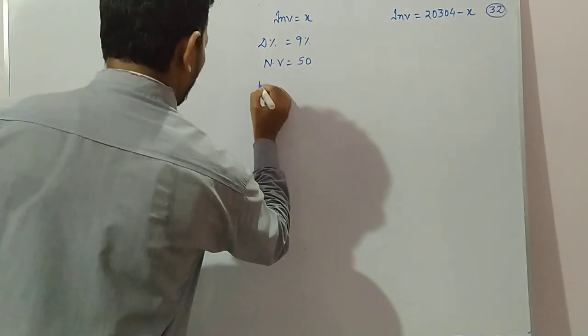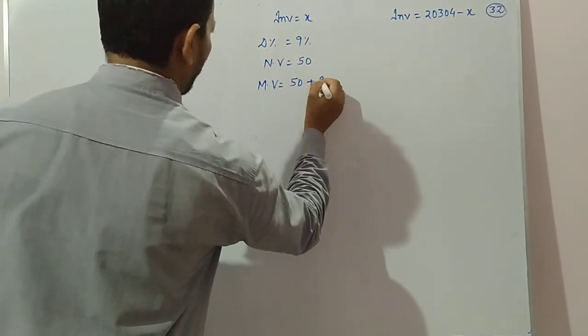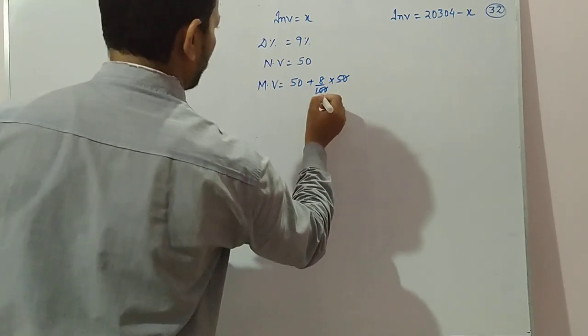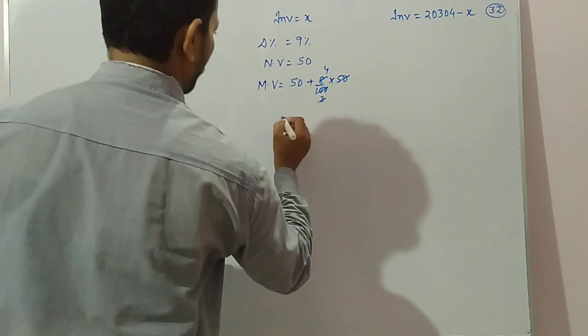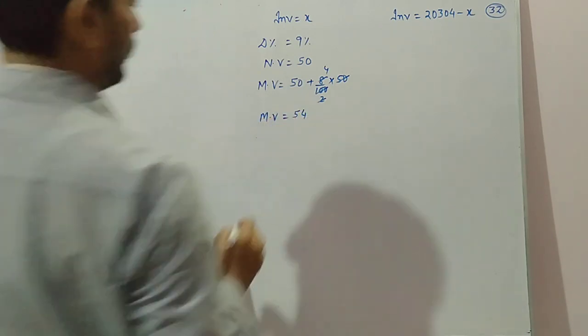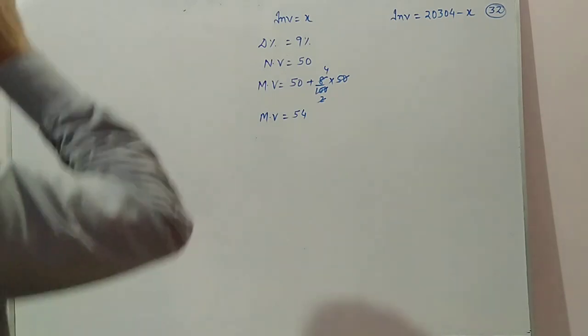So what will the market value be? 50 plus 8 by 100 of 50. This is 2, this is 4. So the market value of the share is 54.